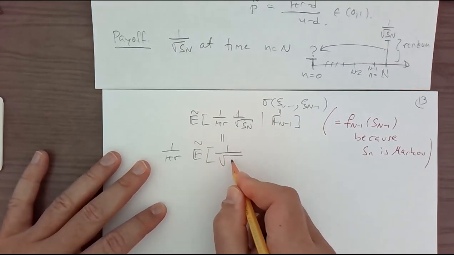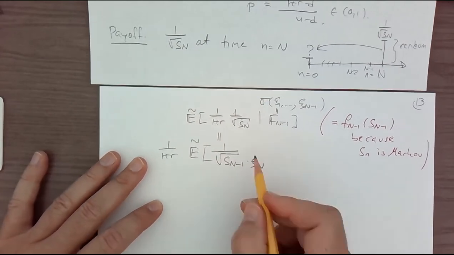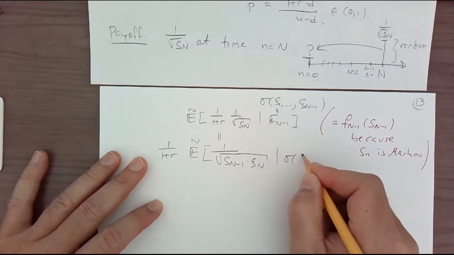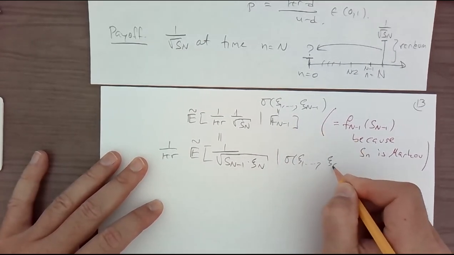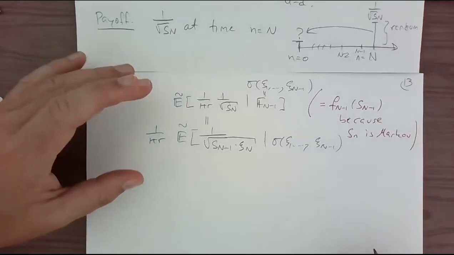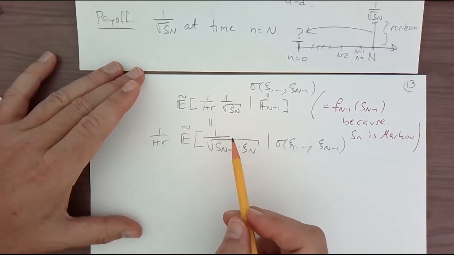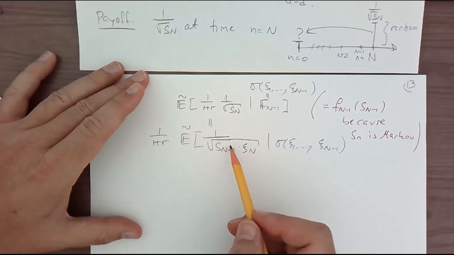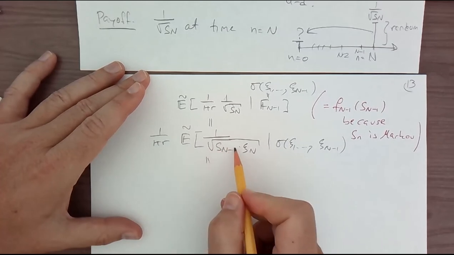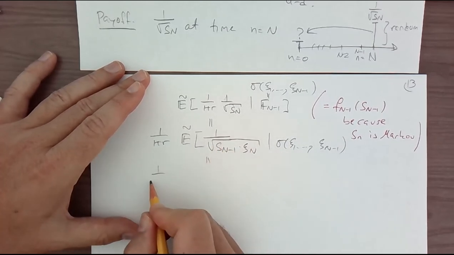And in the binomial model, this is S capital N minus 1 times that coin flip psi n. I can write out the coin flips. So now we're in good shape. We can either use the independence lemma, but in this particular case, the square root has this nice product structure, so we can, if we so desire, break it up. We don't have to use the independence lemma here because the function has a special property that allows us to break it up more easily.